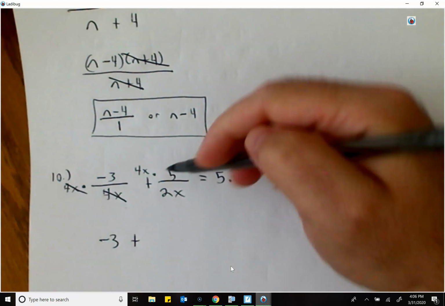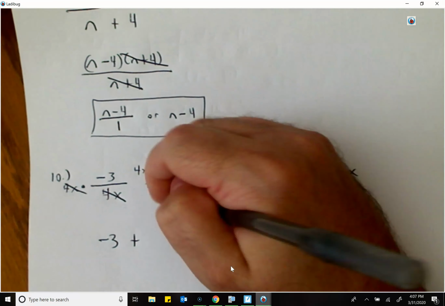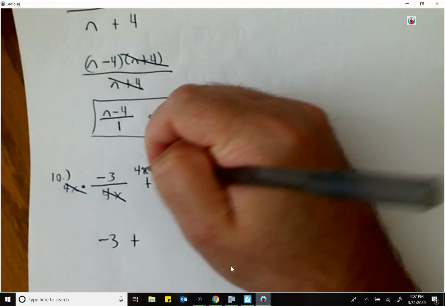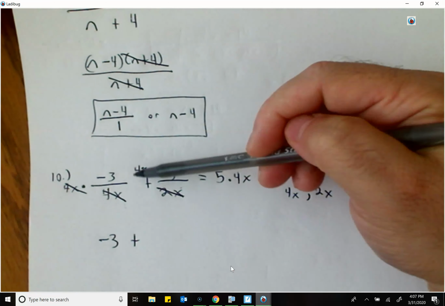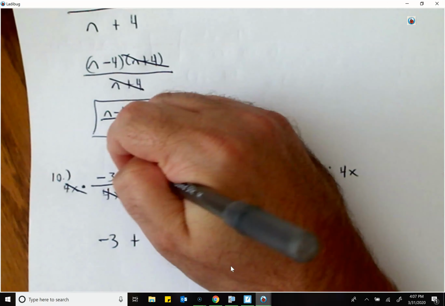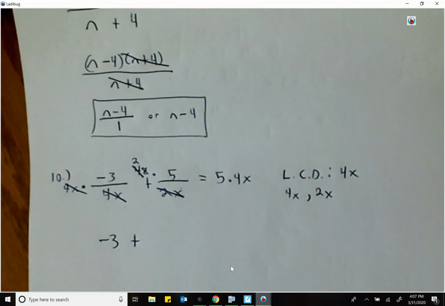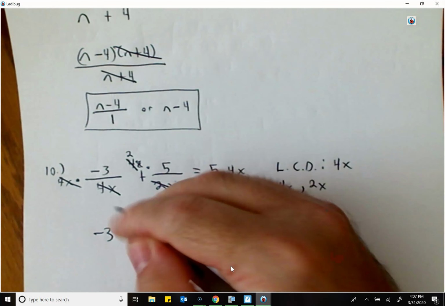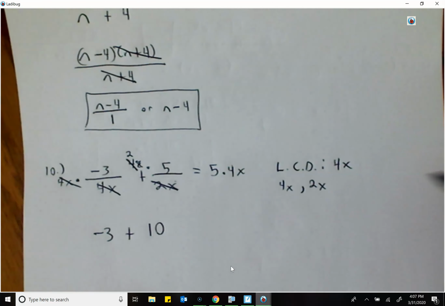Plus, well, what's going to happen between these two? The denominator fully goes away. The x goes away, but this 4 that was right there is divided by 2, and that becomes a 2. So what we have left is 2 times 5, which is 10.